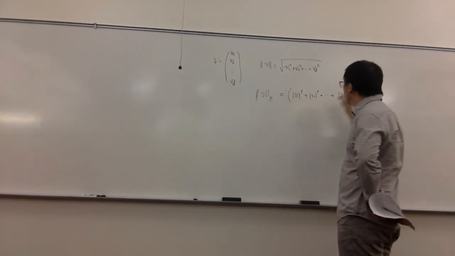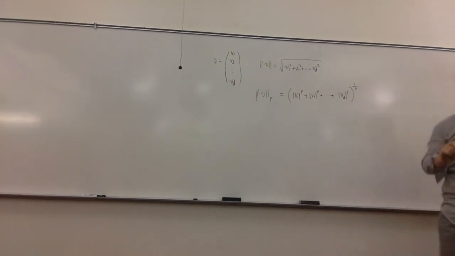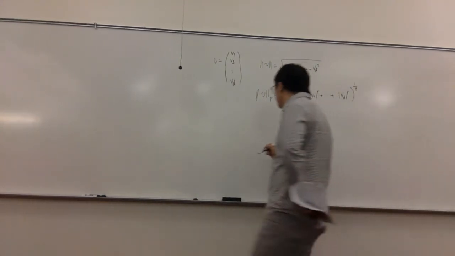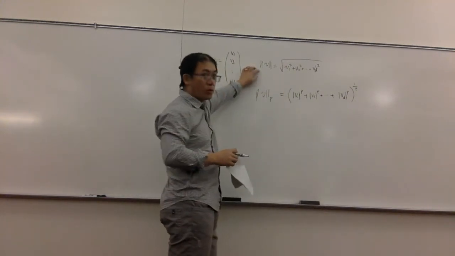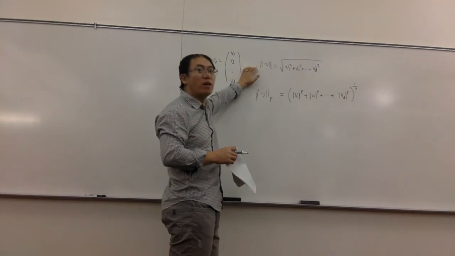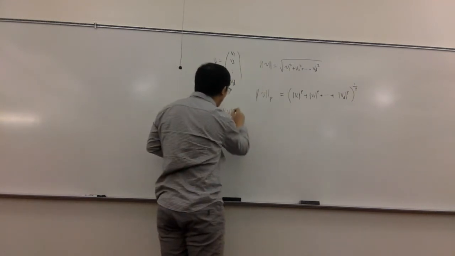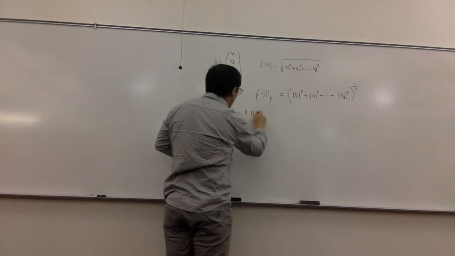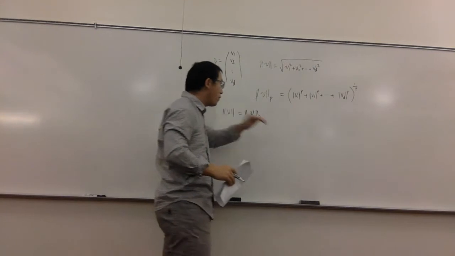Then for this summation, we take 1 over p. So this is Lp. And actually, we can recover our Euclidean norm by setting p to be 2. So the Euclidean norm is the L2 norm. You can directly verify it.